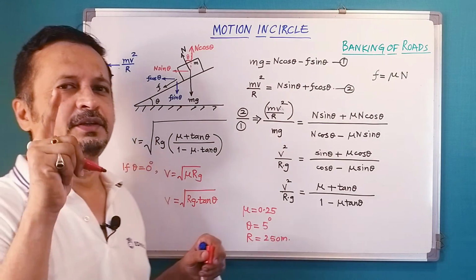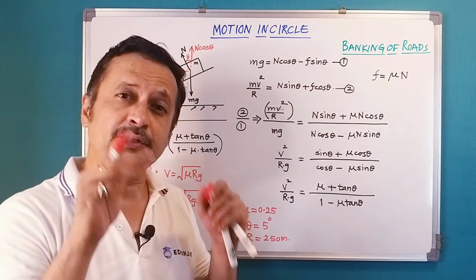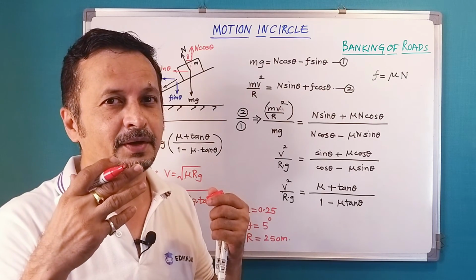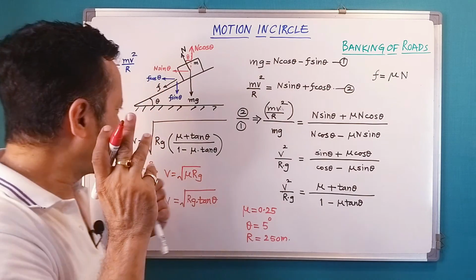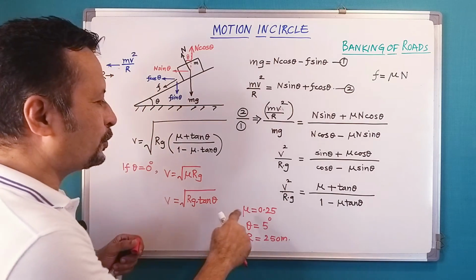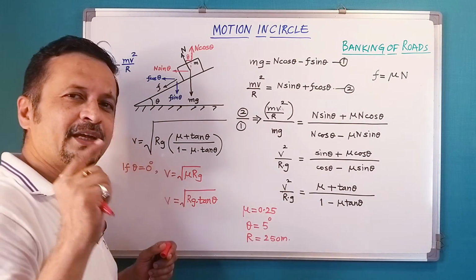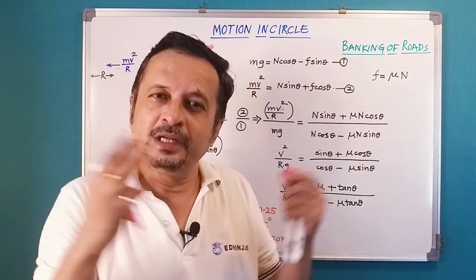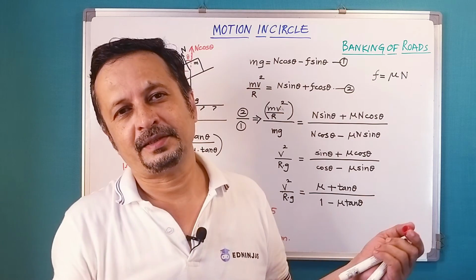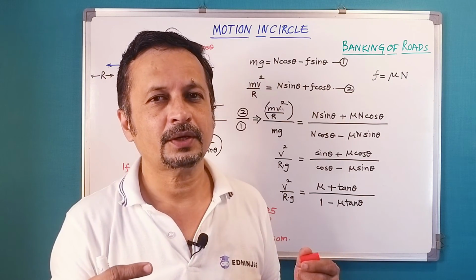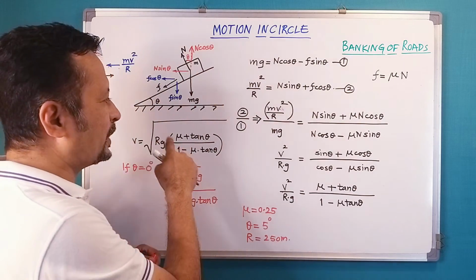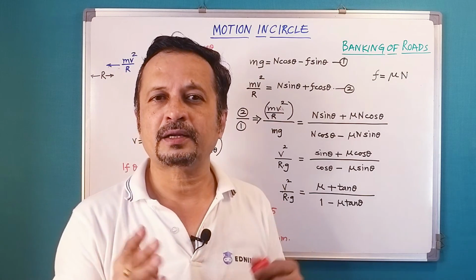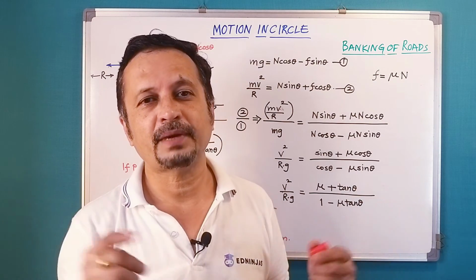You will get a certain safe velocity with which the car can go on that road. After that, put only mu, with theta equal to 0, and you would get this value. And if you only rely on tan theta, you will get some value. You will definitely find that when you have mu as well as tan theta in place, the safe speed of the car increases, and that is the beauty of banking of roads.